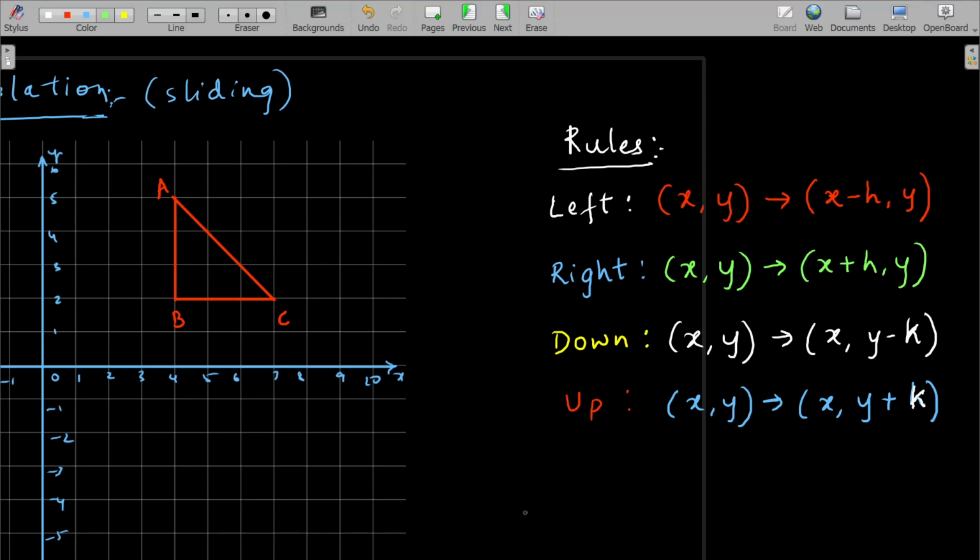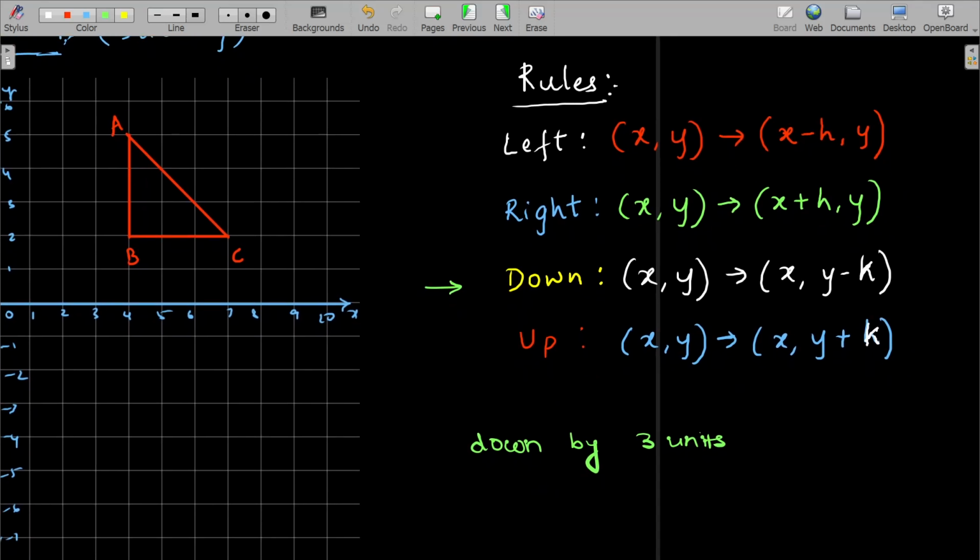For example, let's say that I want to slide this triangle down by 3 units. So the rule for shifting down is this one. That means I need to subtract 3 from the y coordinates of all the points of this triangle.